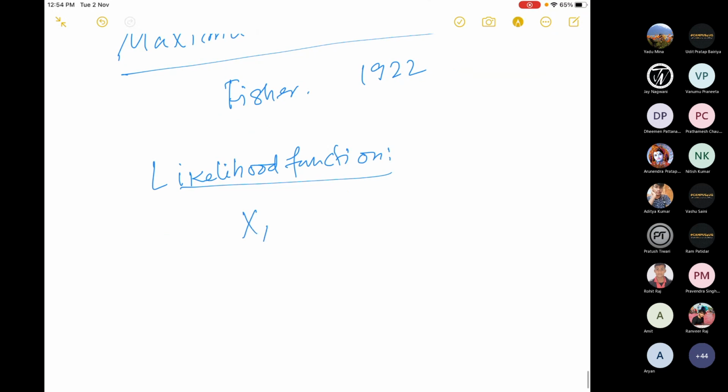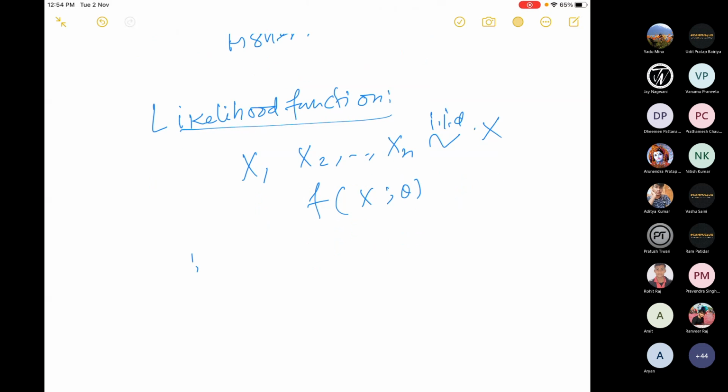If we have the sample x1, x2, up to xn, and each is IID, a random sample for x, and suppose f(x; theta) is the PDF, and theta is unknown, then I define my likelihood function L(theta) as the product of f(xi; theta), i equal to 1 to n. So I have n samples, make a product of these, and then I have the likelihood function.